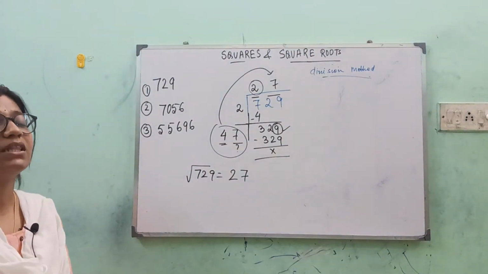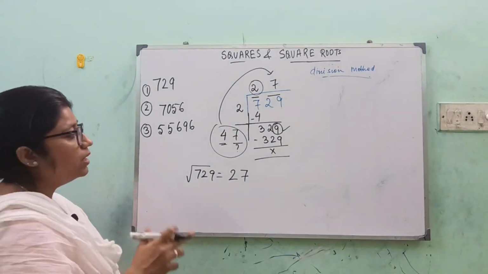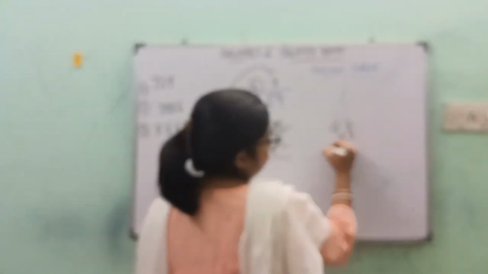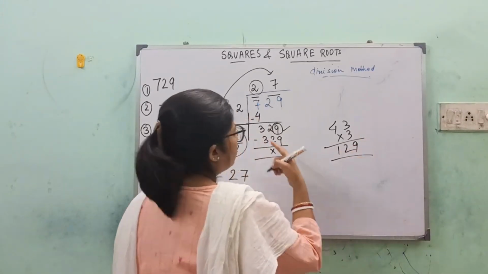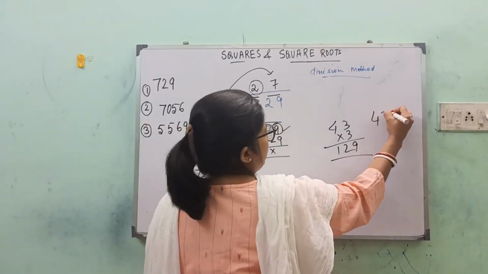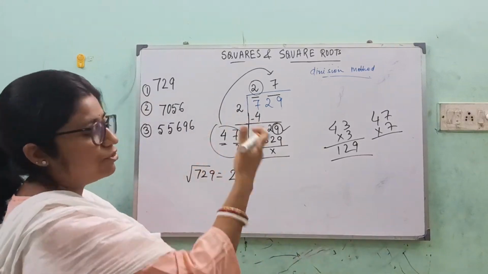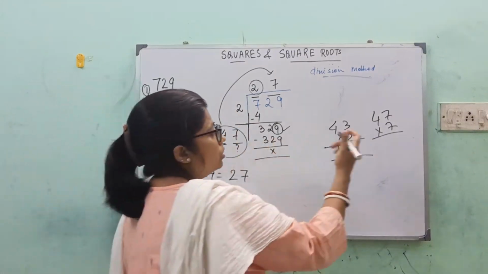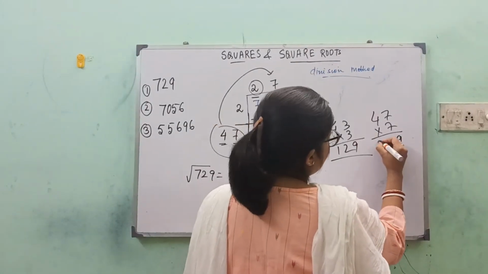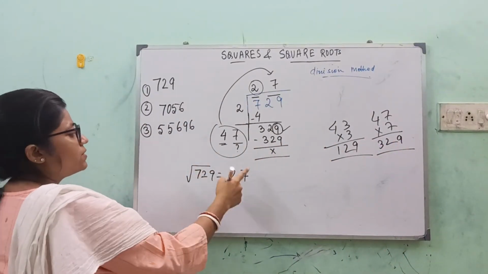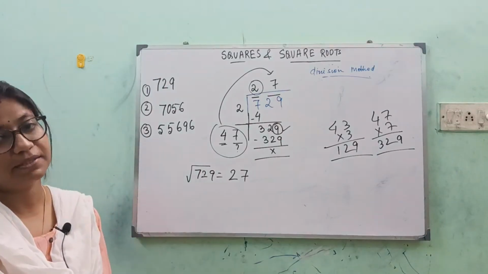So we could have tried 43 into 3, that is 129, not enough. Next I tried 47 into 7. Here you might give trials to check the number. This was 329. So I placed 7 and got the answer. Square root of 729 is 27.